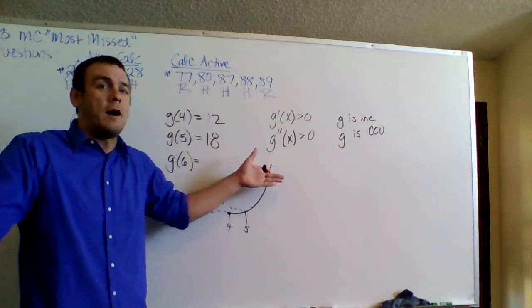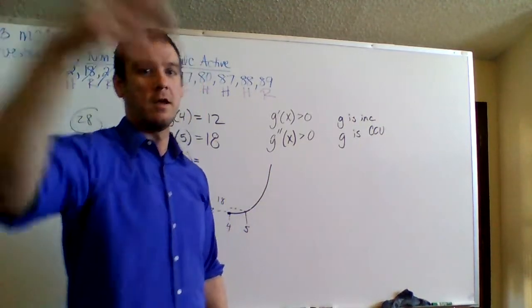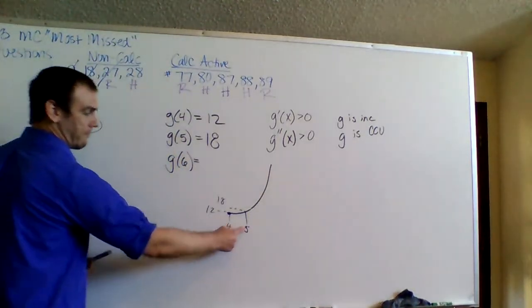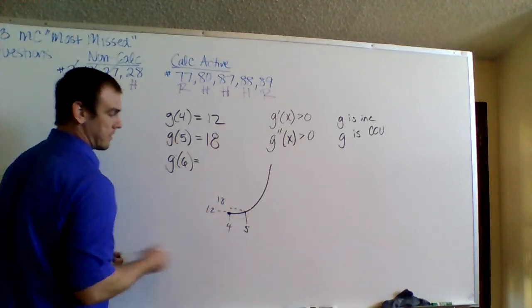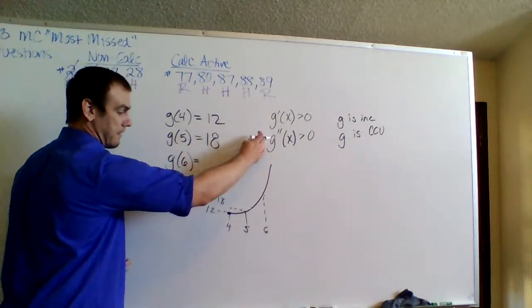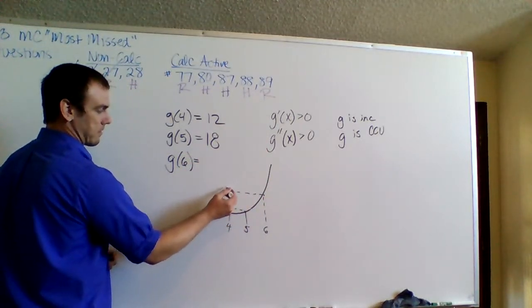We don't really know how much, but it has to be going up by more and more every single time. So if from 4 to 5 we went up by 6, that means from 5 to 6, if we are increasing and concave up, we have to be going up by more than 6.